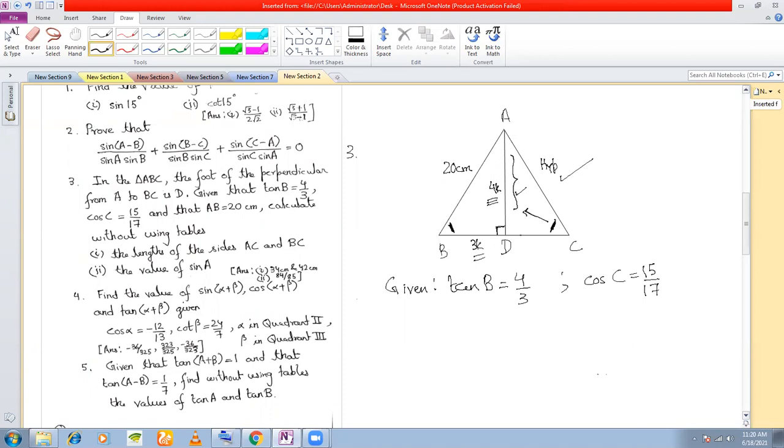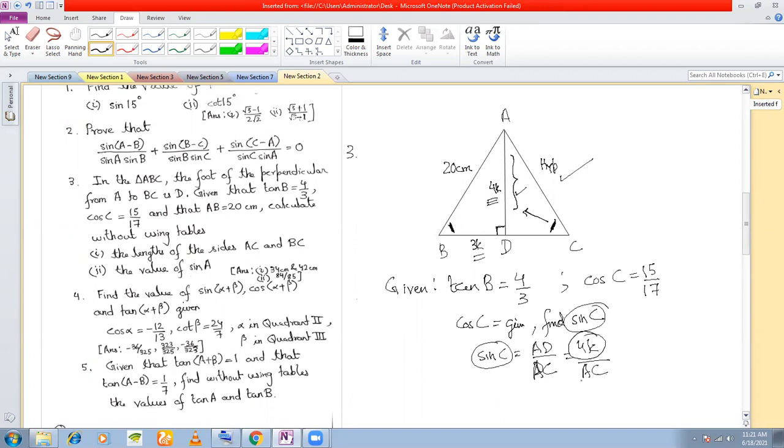So if cos C is given, we can find sine C. Now, sine C is equal to AD by AC. We know the length of AD as 4K, we already found out the length. And sine C we already found out here. We put the value of sine C and we find out the length of AC.